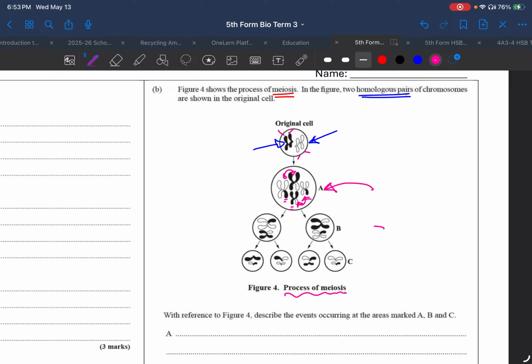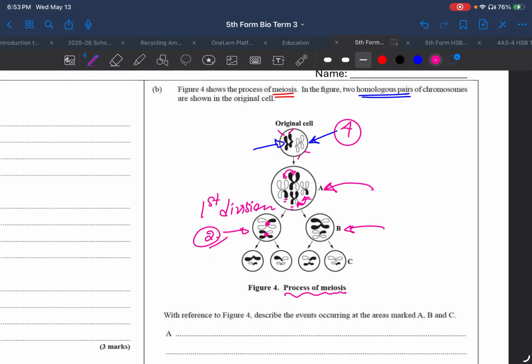Then at B, you see that the first division has taken place. How many chromosomes do we now have here? 2, as opposed to 4 in the beginning. Remember, even though they look joined up like this, this is still considered one chromosome because it's just an identical copy of the original one.